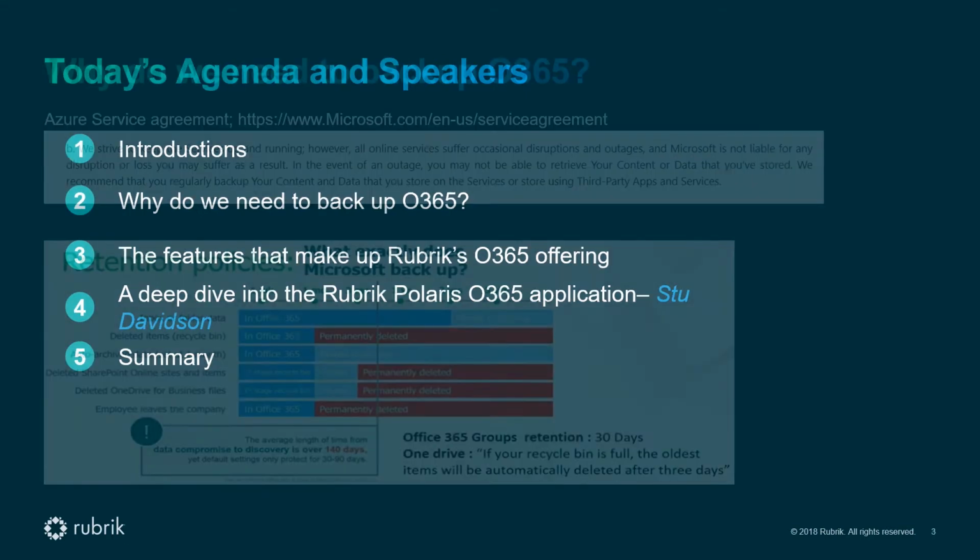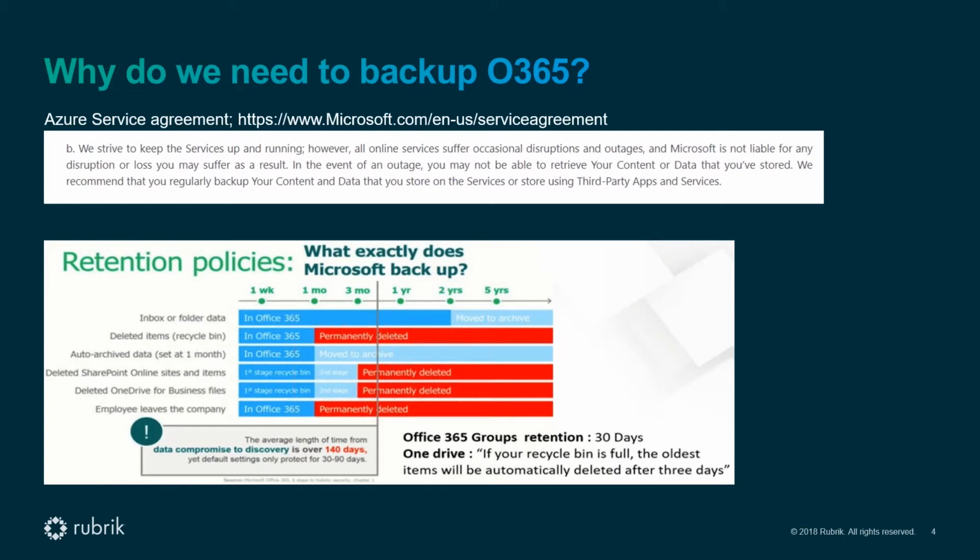So why do we need to back up Office 365? Microsoft does not provide any native backup capability with the Office 365 solution, and Microsoft actually recommends that customers regularly back up their data using third-party apps and services, and that customers are always responsible for their own data, as can be seen on the slide from the service agreement statement at the top from Microsoft.